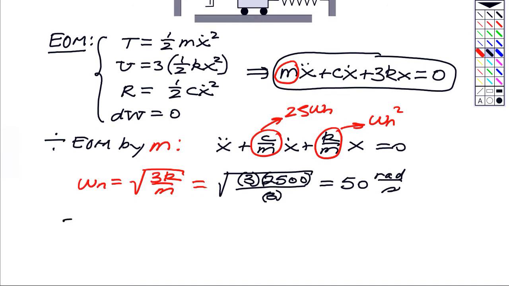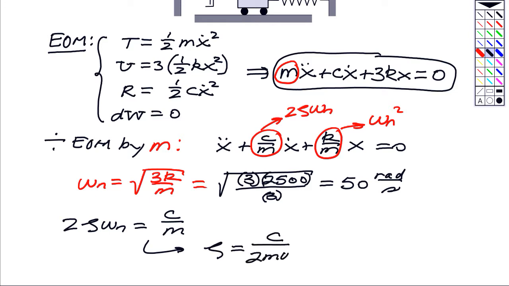We know that 2 zeta omega n was defined to be c over m. So from that we have the damping ratio to be c divided by 2 m omega n. C is 9, 2, the mass again is 3, and we found omega n was 50. And so the damping ratio ends up being 0.03.